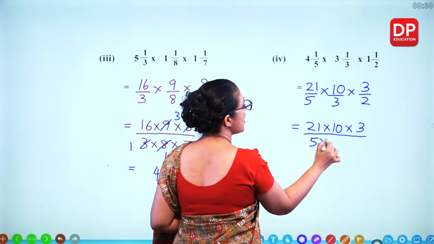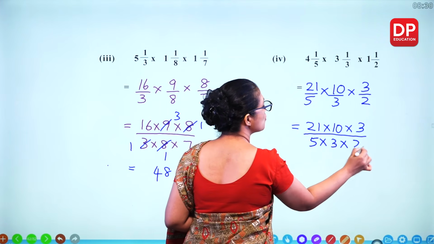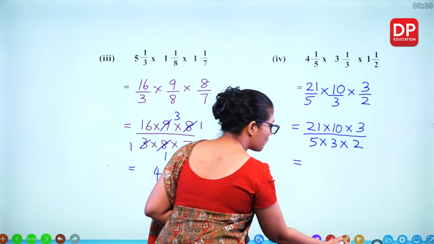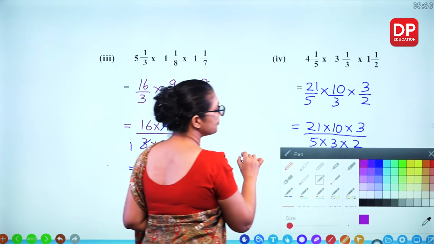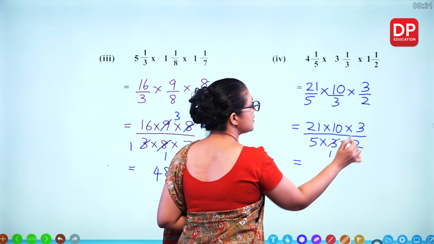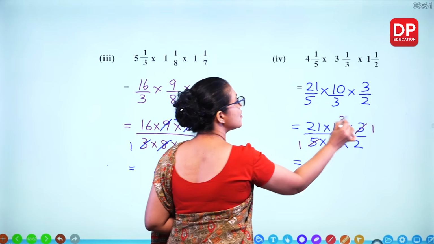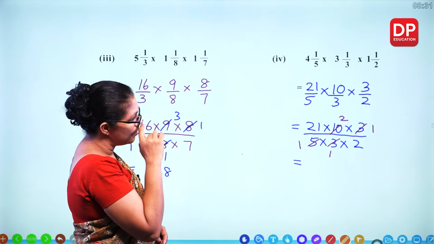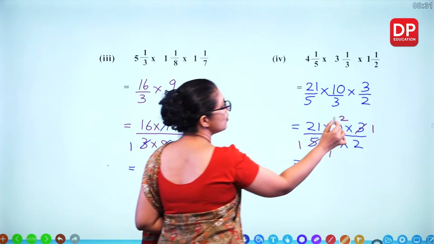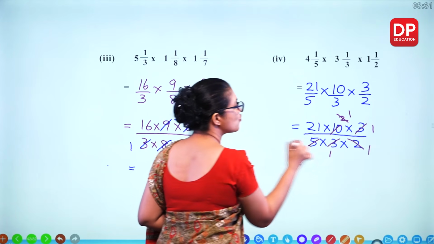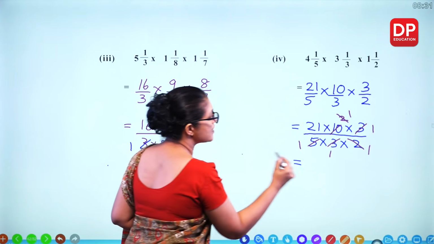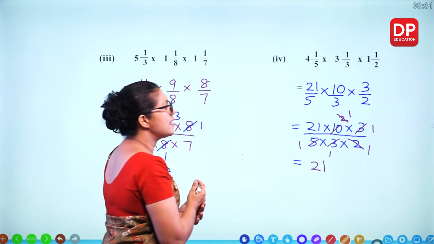So 5 times 3 times 2. Now cross out the common factors. 3 with 3. Here 5 with 2. What else? This 2. Again you can cross out with this 2. So final answer is 21.